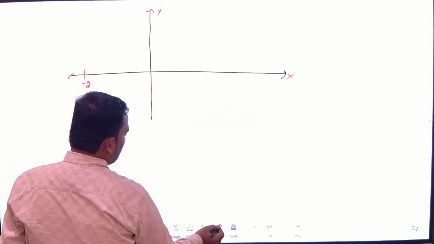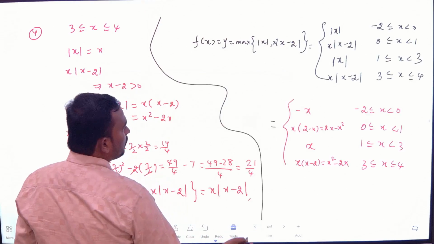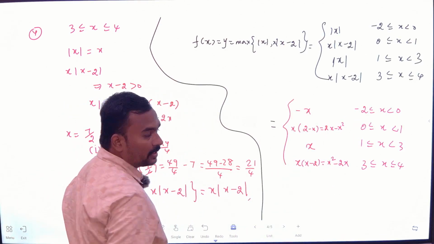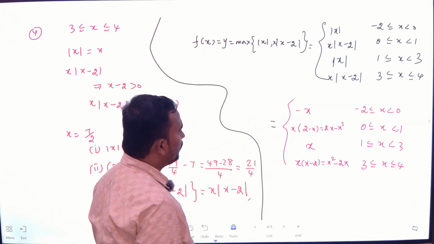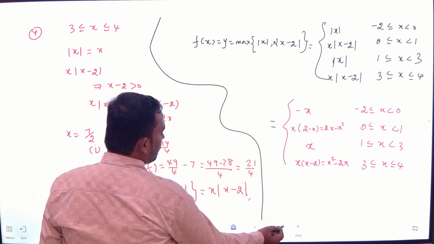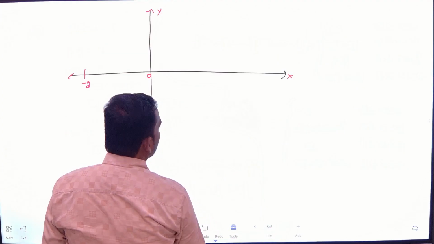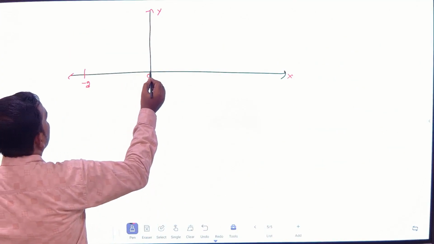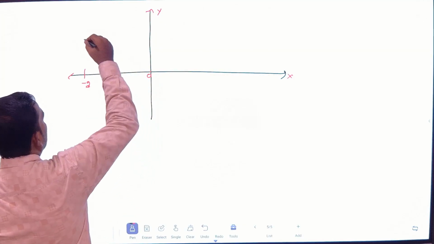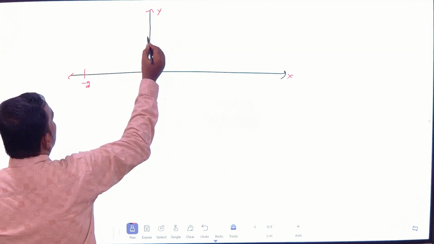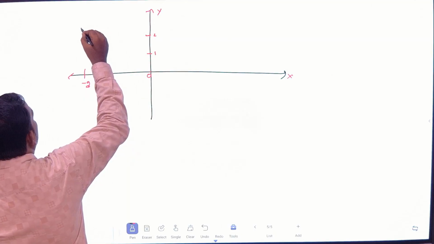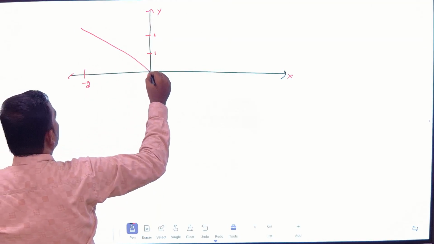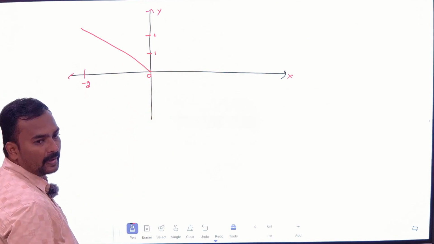When you substitute minus 2, the minimum value, you will get 2. You can attain the maximum here as 2, right? So, minus 2 to 0, y is equal to minus x. Here 1, here is 2 you can take. This is your graph.